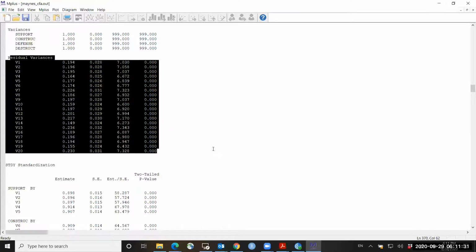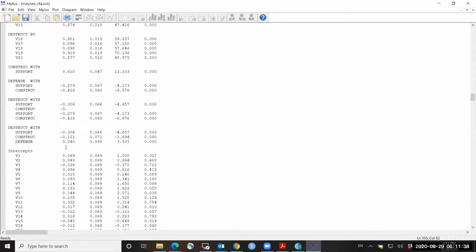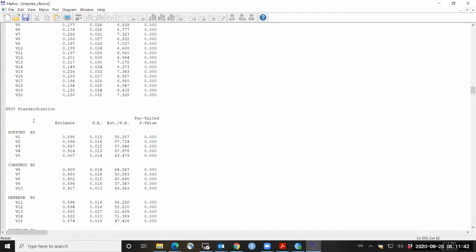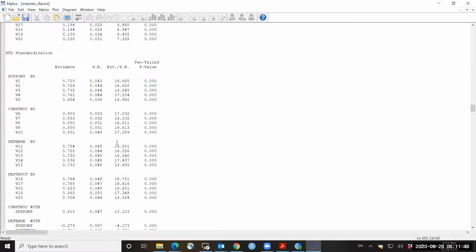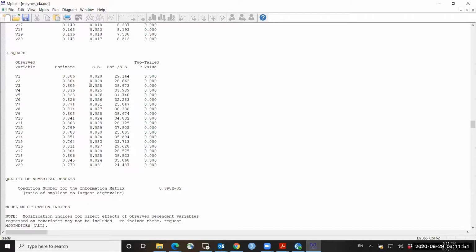Now note that, I'll show you, we have another standardization here. We don't care about the STDY, which is standardized with respect to Y. Skip that, STD standardization, skip that. And the R squared here is the square of the standardized factor loading.